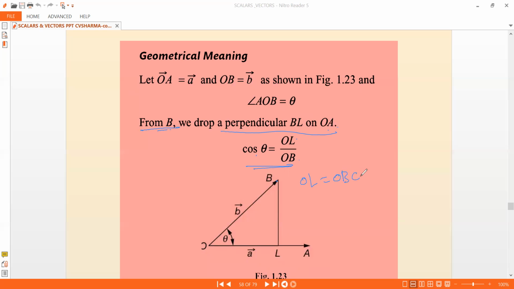OB is the magnitude of vector B bar, so OL is B cos theta. OL is not A, because it does not express the entire length of OA bar. OL is B cos theta, which is called the projection of vector B bar on A bar.